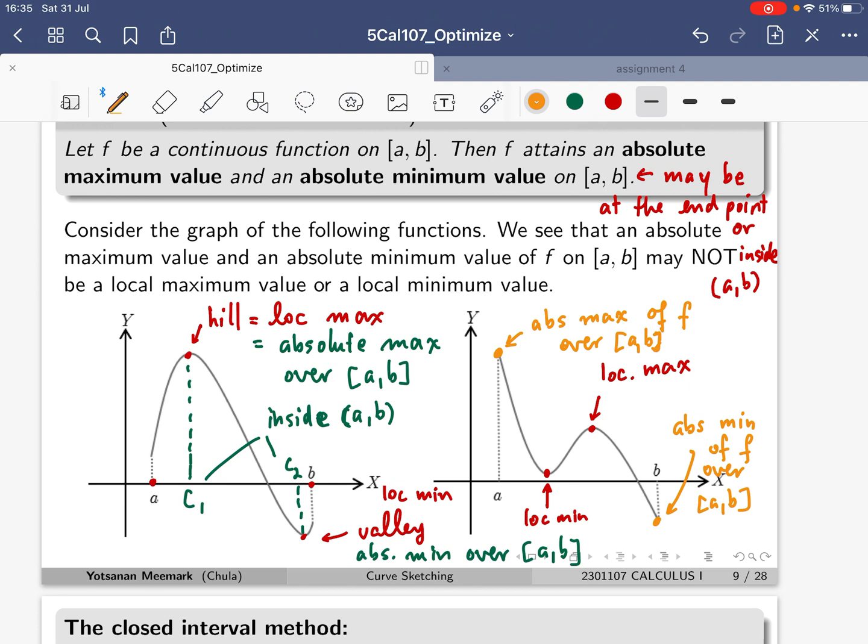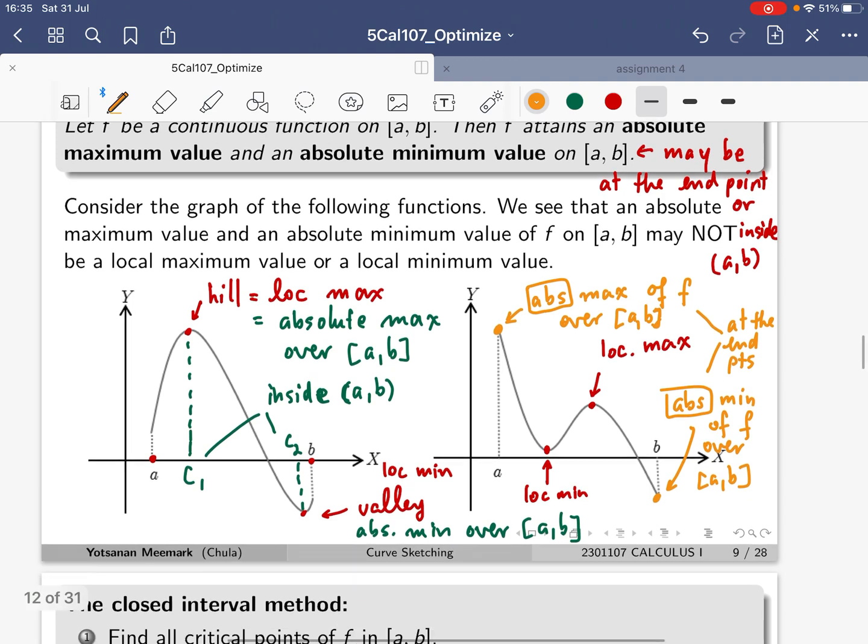So it means that for this example, the absolute max or the absolute min, you can find it attained at the endpoint of the interval under consideration. Are we all right? So it can be like that.